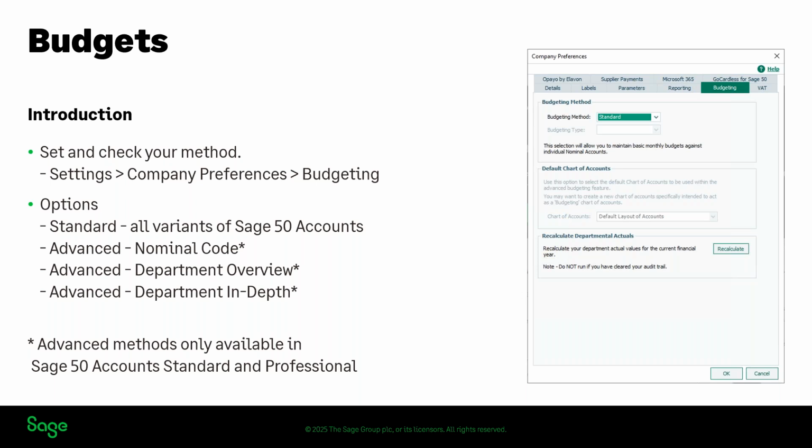And it's weighing up the effort it takes to key that in versus the reward you're going to get when you need the information at the end. But if you're on the essentials level, where you don't have the advanced method, then welcome along anyway. You never know, it might just be another tick in the box for upgrading to a higher level of the software.